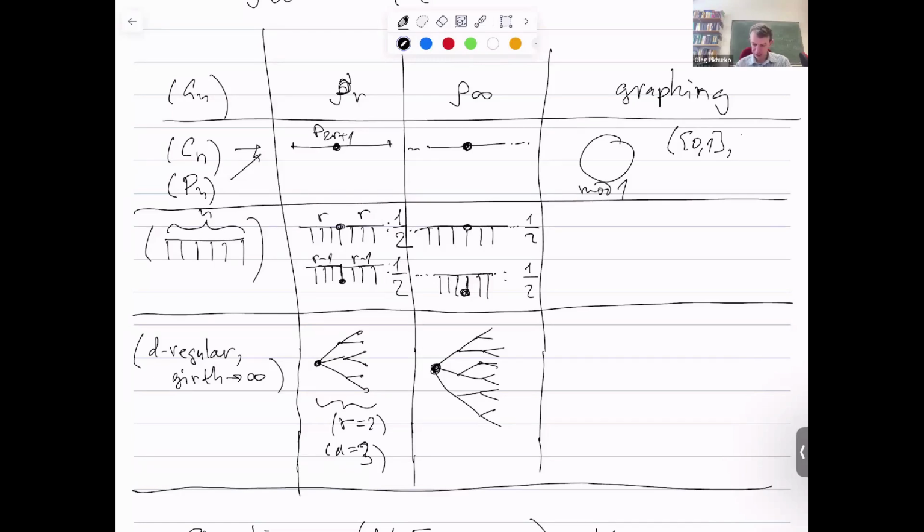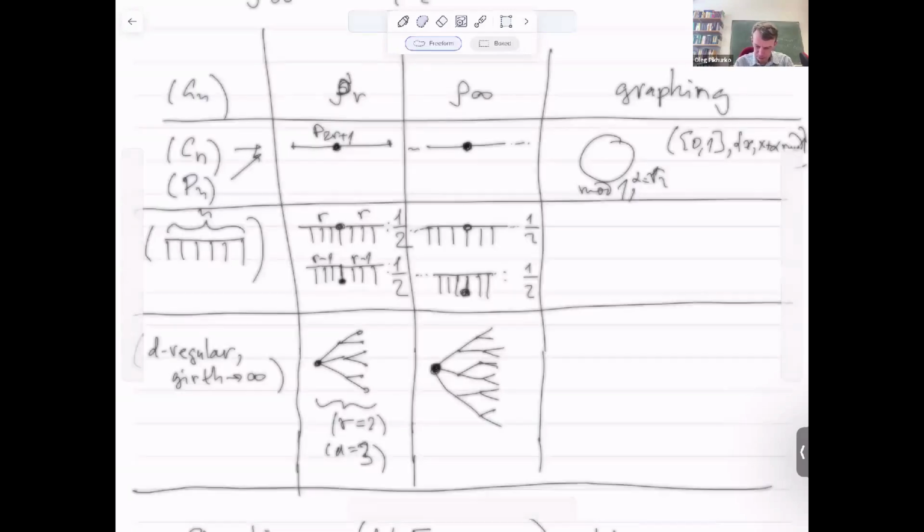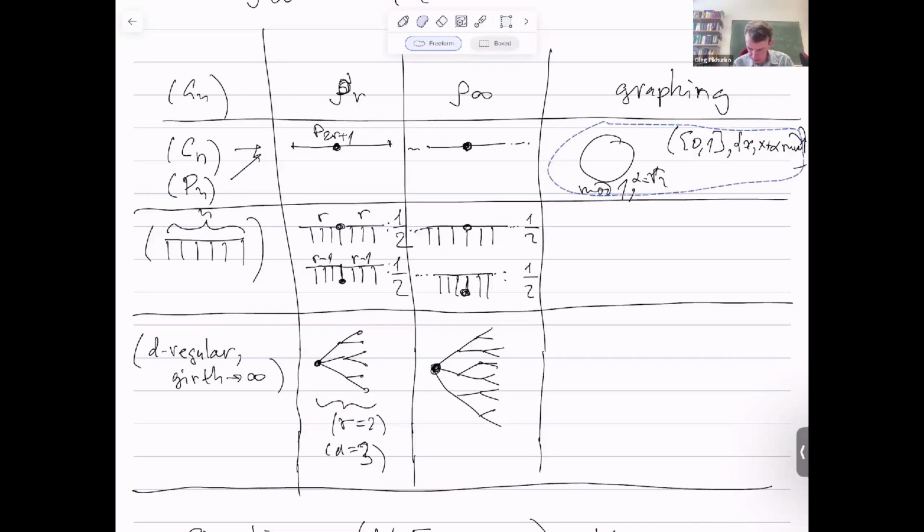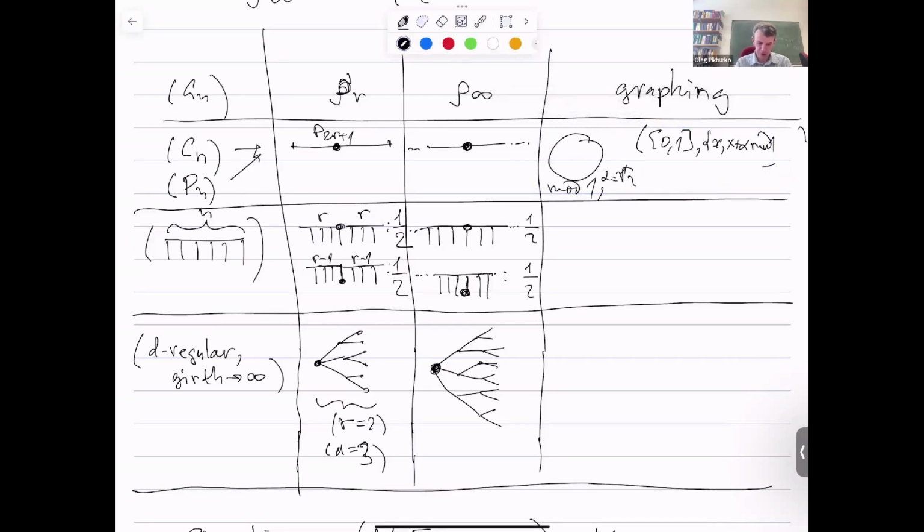And then what are my edges? I fix some irrational alpha, maybe say square root 2, doesn't matter. And then I connect x to x plus alpha modulo 1. I'm not sure if it's visible. So I fix some irrational angle modulo 2 pi in this geometric picture, and every point I connect at distance alpha.